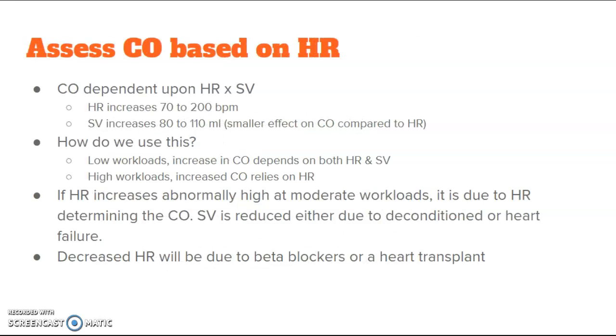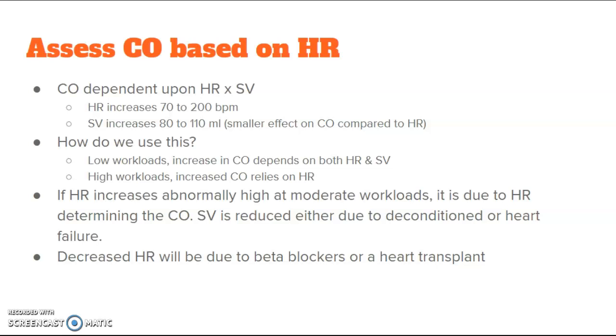The next thing you're going to assess is your cardiac output based on your heart rate. Without going back through all of our cardiac physiology, I think you can recall that cardiac output is dependent upon your heart rate and your stroke volume. You actually multiply the two. Heart rate should increase from 70 to about 200 beats per minute with exercise.